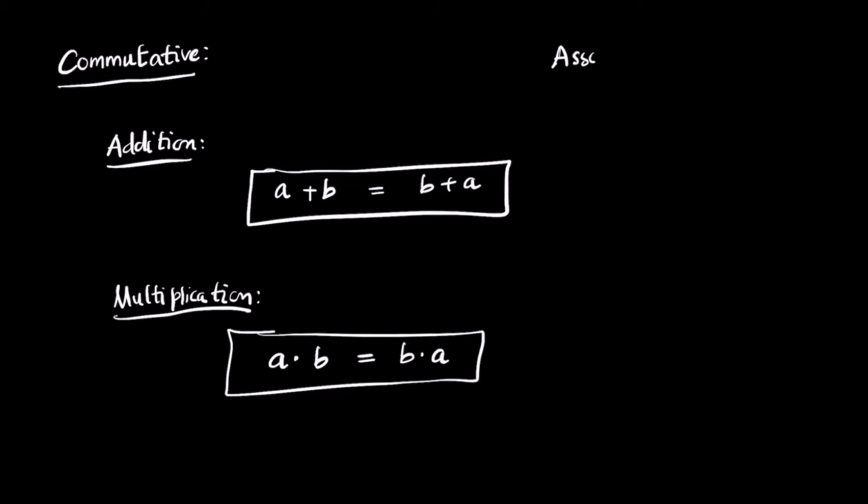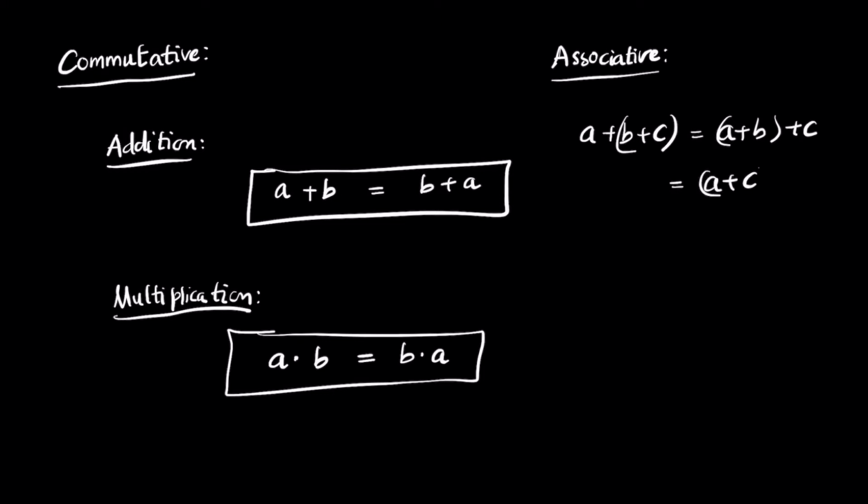Next, let's talk about the associative property. The associative property says that however we group quantities does not have any effect on the total sum. What does that mean? For example, a plus b plus c: adding b plus c first and then adding a is the same as adding a plus b first and then adding c, which is also the same as adding a plus c first and then adding b.